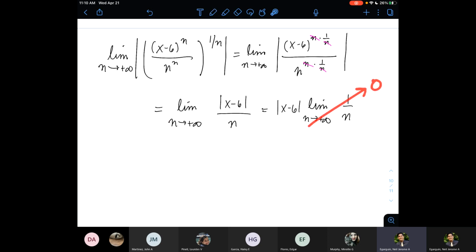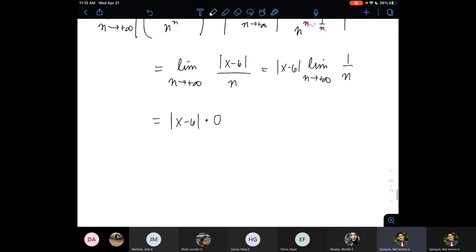This will go to 0 because n becomes very, very large. So this will just be the absolute value of x minus 6 times 0. When you multiply any number, like the absolute value of x minus 6, by 0, you will get 0 as well. And obviously, this is less than 1 for any x.